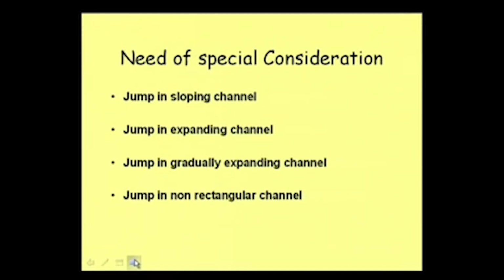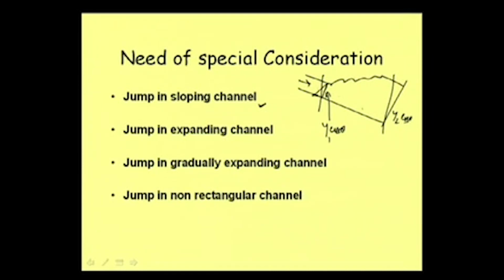and then we need to give special consideration to some of the issues, like when we are talking about a jump in a sloping channel like this, then if we measure the depth in this direction y, the actual flow cross section will be y cos theta. y1 cos theta, and that will also be y2 cos theta, because our basic concern is that we are measuring the pressure in the direction of flow.